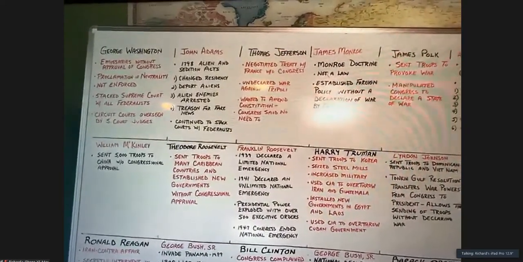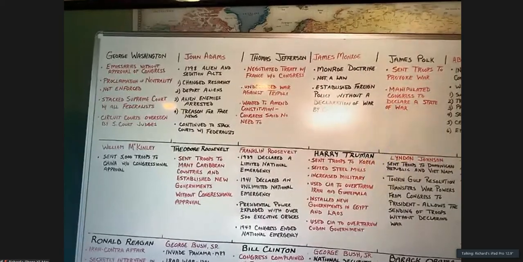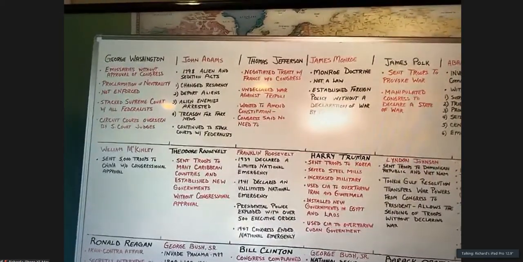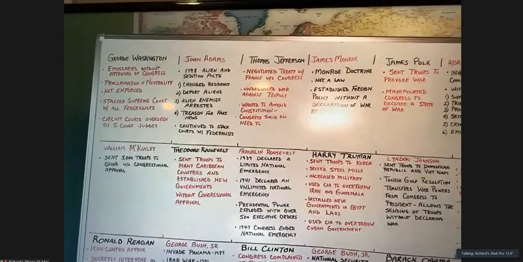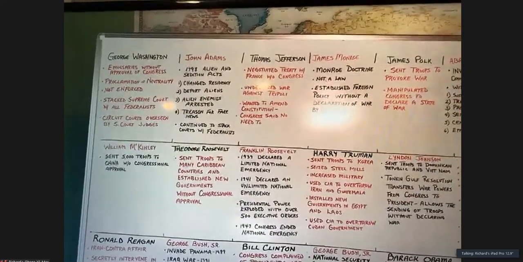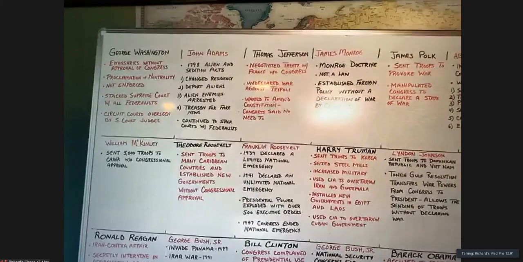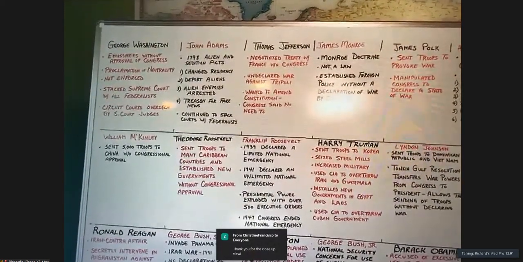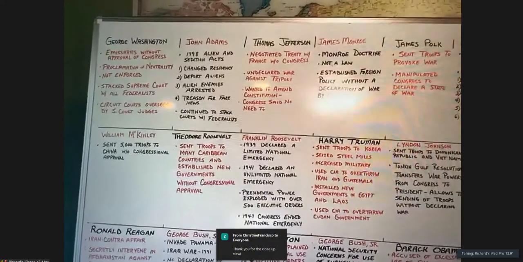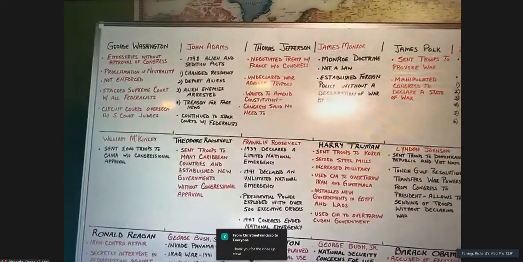He unilaterally, by himself, as an imperial president, as a unitary executive president, determined that the new American Republic would remain neutral in the war between Britain and France during the French Revolutionary Wars.